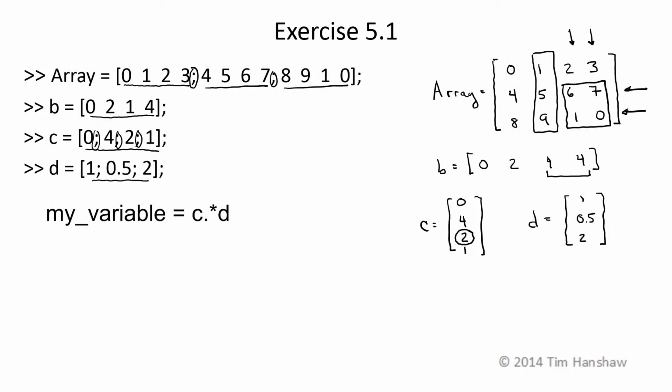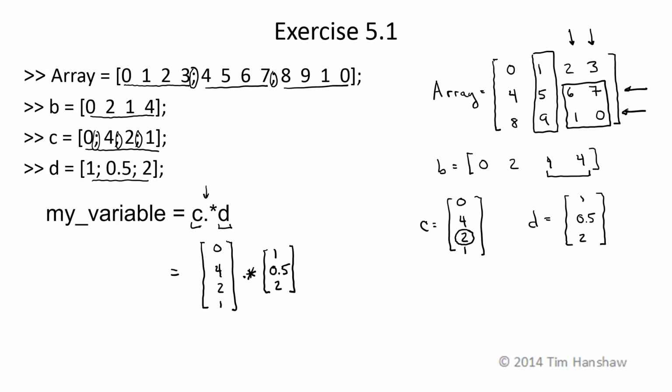Now my variable is the array C multiplied by the array D with a dot times, so this is going to be an element by element operation between C and D. So C is 0, 4, 2, 1, dot times D, which is 1, 0.5, 2.